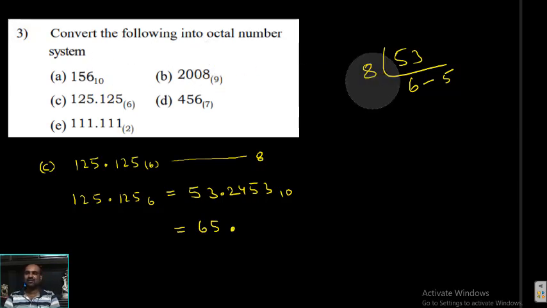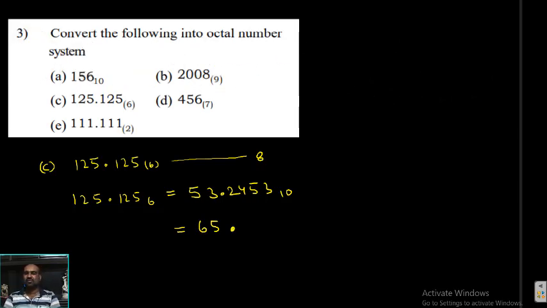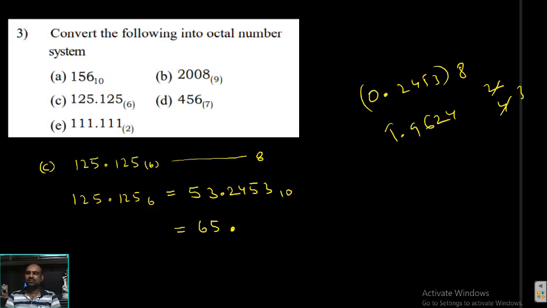How to find point something? That's an interesting thing. 0.2453 should be multiplied by 8. 8 3s are 24, 8 5s are 40, 42. 8 4s are 32, 36. 8 2s are 16, 19. So 1.9624. This becomes the next decimal digit.